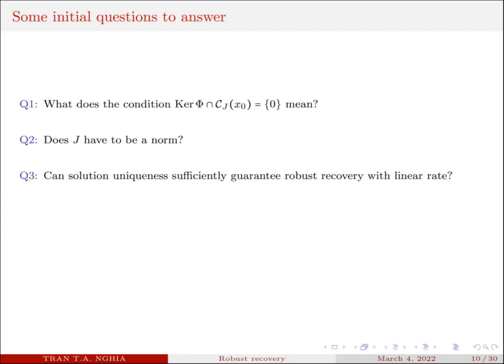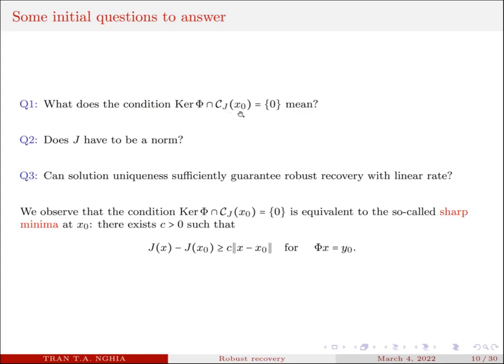But for the first question right here, we make a very fast observation from optimization. It is very well known that this condition means sharp minima. It is a bit surprising for us, the paper is very popular, but nobody recognized this before.